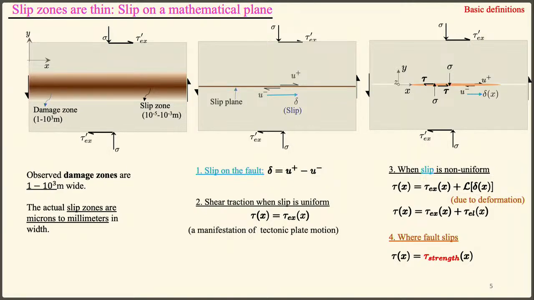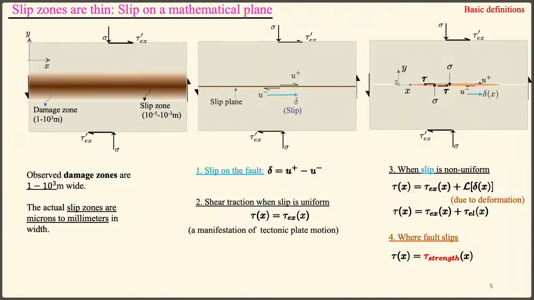Then there are tractions that are resolved at the interface, and that traction comes from whatever the external tectonic loading conditions are, or some loading that we saw yesterday. So in the absence of any slip, or maybe just uniform rigid slip, we just get traction equal to whatever external traction is applied at the surface.